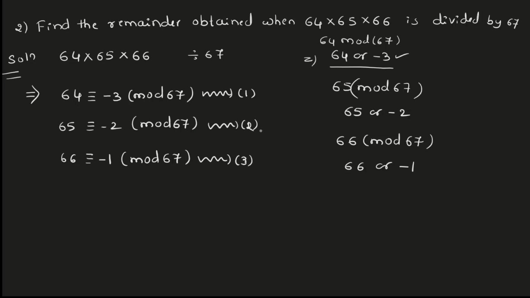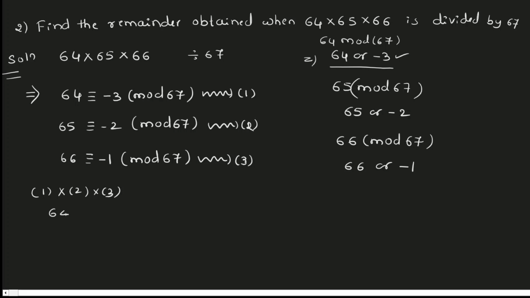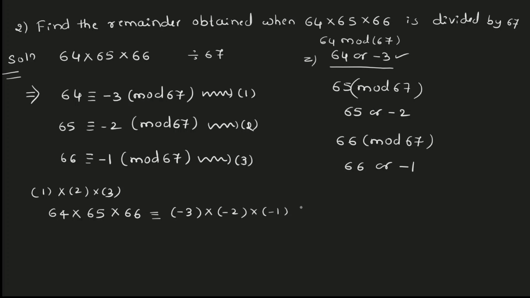Now, as in the previous section, what do we need to do? Just multiply equations 1, 2 and 3. Multiplying gives 64 into 65 into 66 is congruent to minus 3 into minus 2 into minus 1 mod 67.